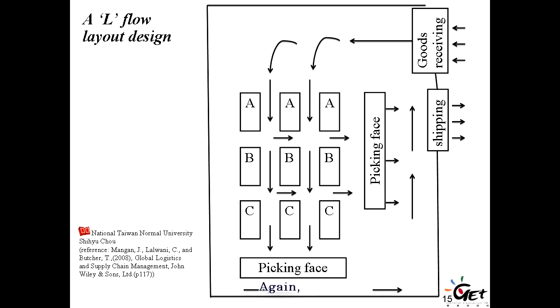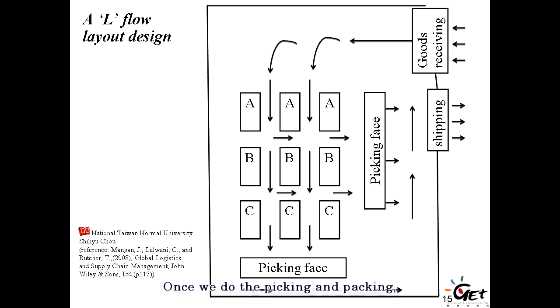Right? Again, we have shipping areas here. We have goods receiving areas here. Once we receive goods from suppliers, we then use some device to move goods along this direction, here, and over here to these different storage areas, right?